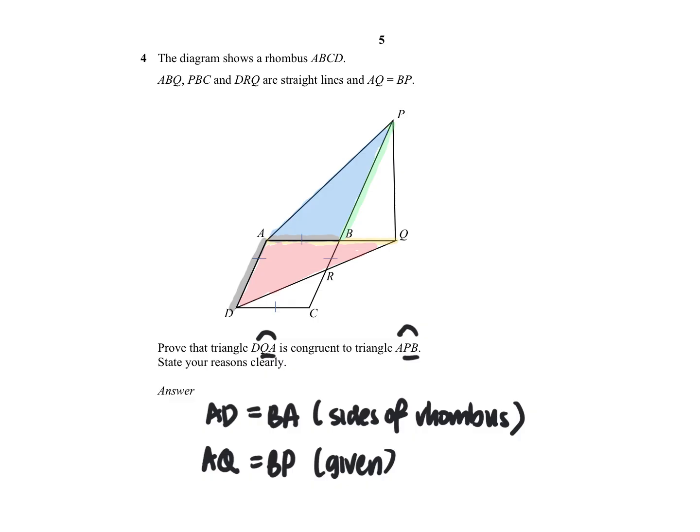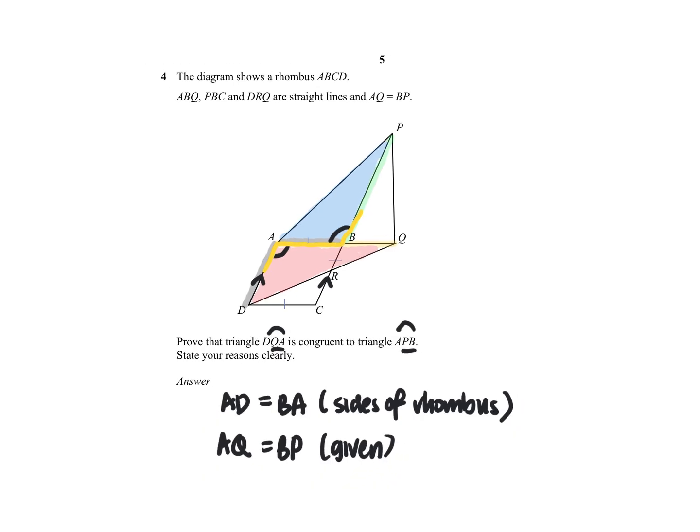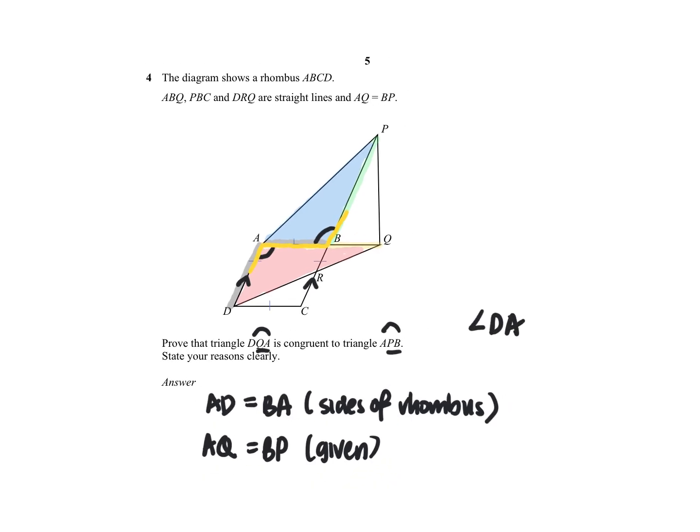Which angle? Look at ABP and DAQ rather. So can you see these two angles are the same because in a rhombus, the opposite sides are parallel. If you extend that straight line across, these are two parallel lines. So you should be able to see alternate angles. So if you can write that down, angle DAQ is ABP.